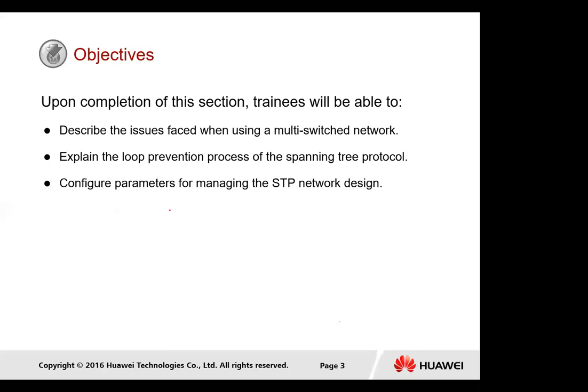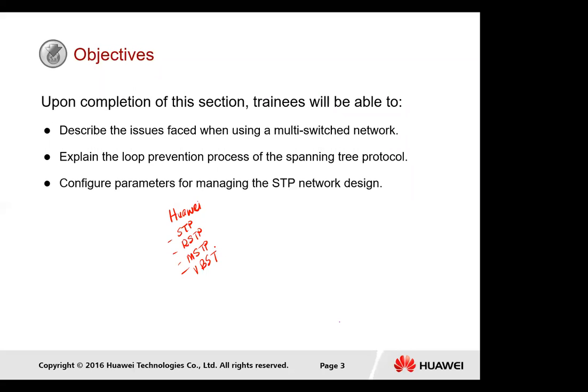For Huawei, they support 4 different types of spanning tree: the normal spanning tree, STP; rapid spanning tree; multiple spanning tree; as well as VBST, a VLAN-based spanning tree.